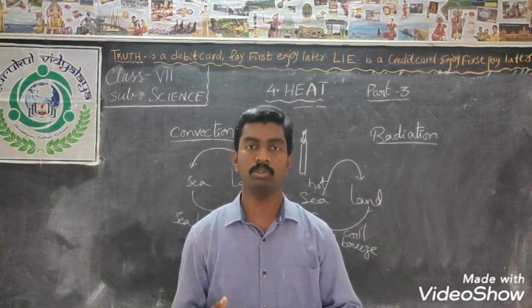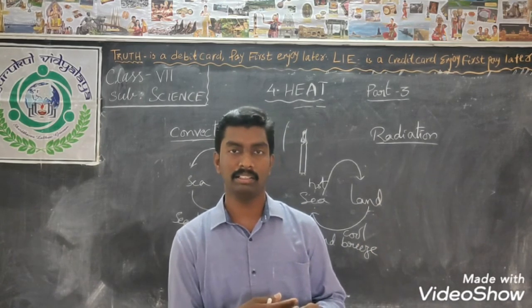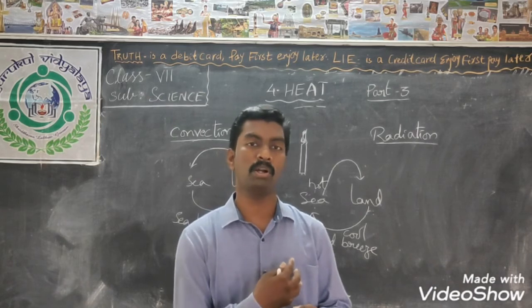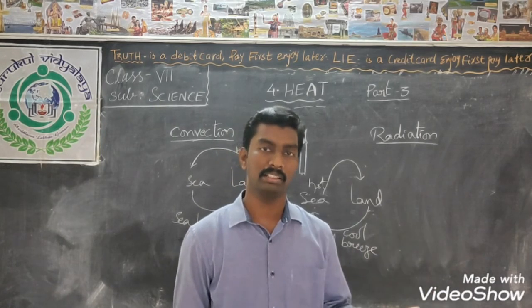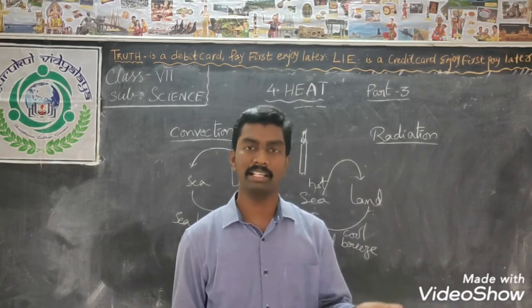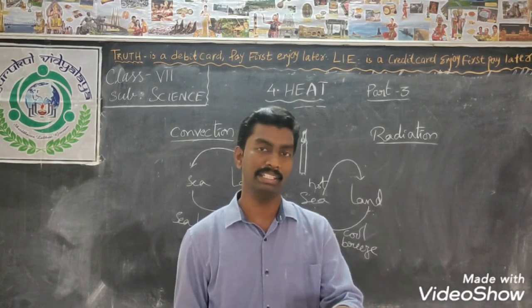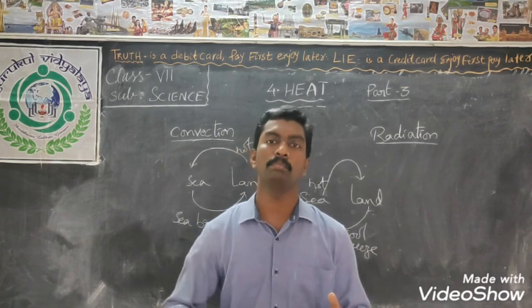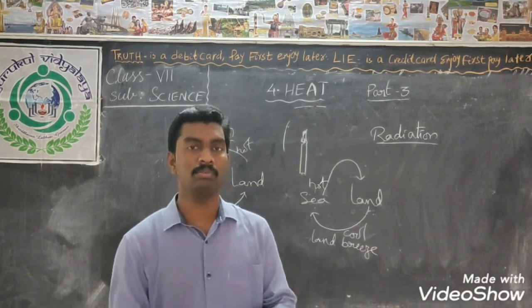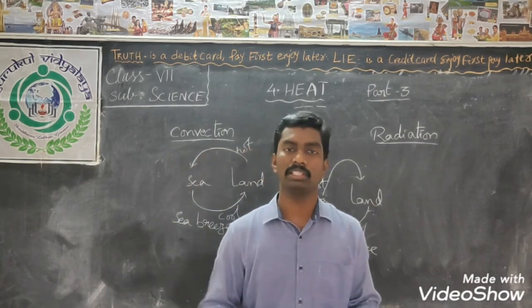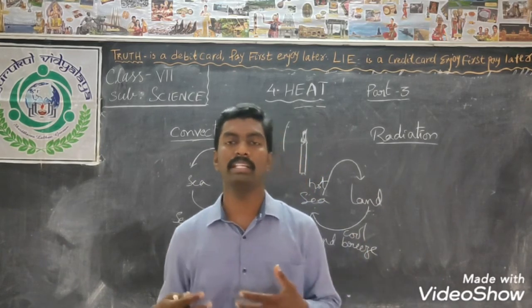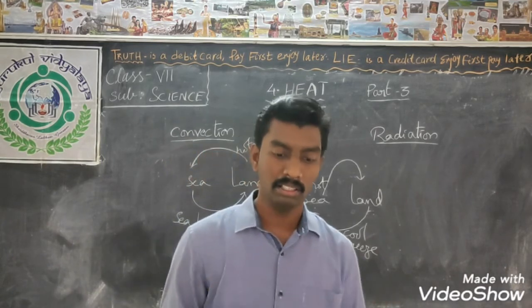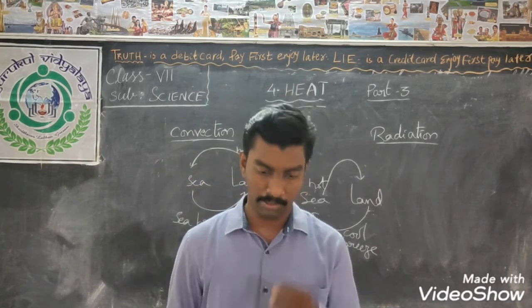When we wear woolen clothes, the heat from our body won't transmit through the woolen clothes outside. Wool is not a conductor, so it won't transmit the heat. So it keeps the heat inside the woolen clothes only. So that's how we can feel warm in the winter time by wearing the woolen clothes. So that is the reason.